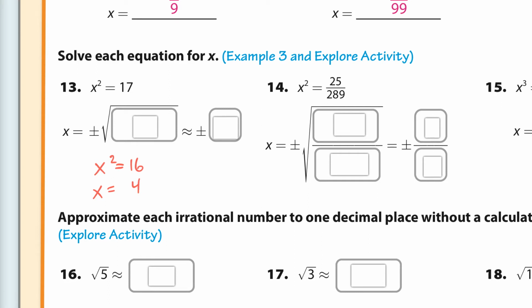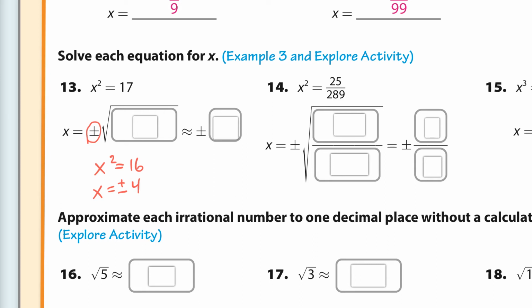Because 4 times 4 is 16, and squared means some number times itself. So x would have to be 4. But not only could x be positive 4, x could also be negative 4, because negative 4 times negative 4 is positive 16 also. So that's where this comes from. It's called plus or minus. That means your answer could be positive, or it could also be negative.